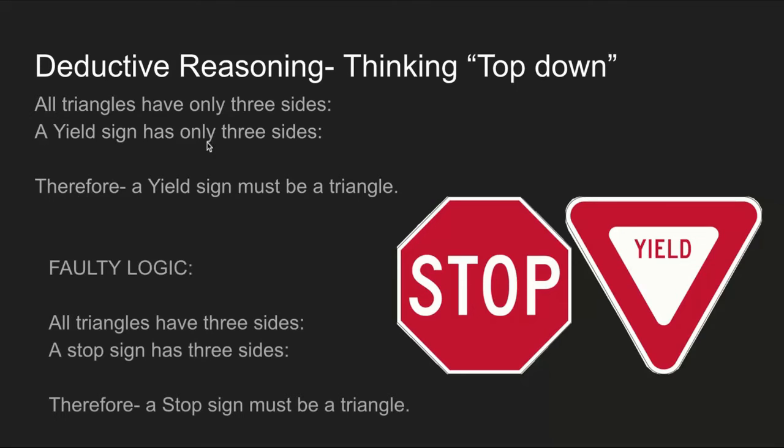If you notice, there's one word that's different. A yield sign only has three sides. See that? Here, a stop sign has three sides. What it should say is a stop sign only has three sides. If that were to be tested, we would realize that that is not true. And therefore, our conclusion cannot be true.